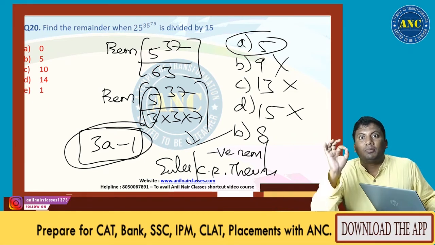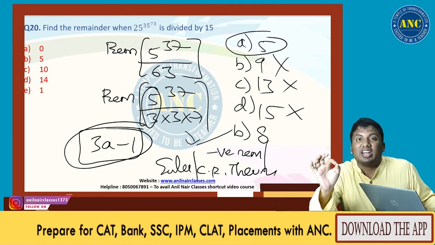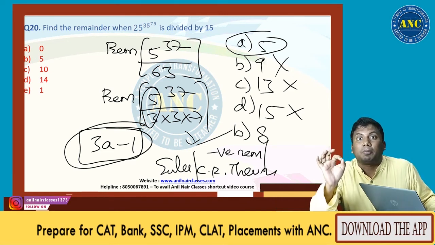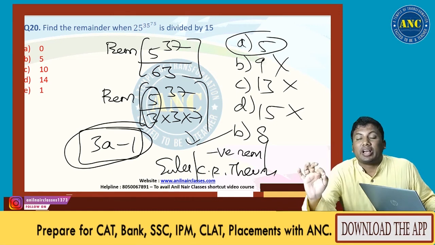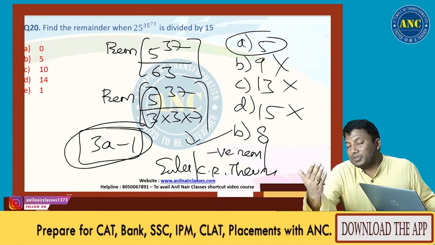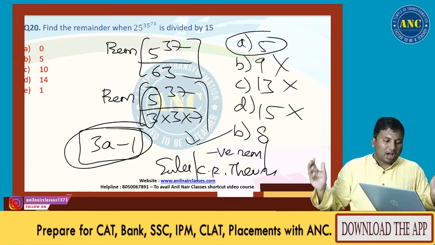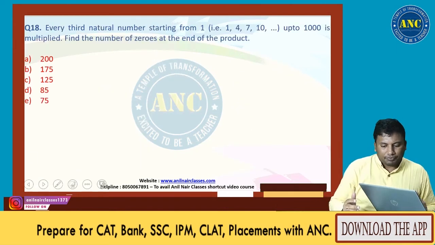What do you mean by an acid test? Write the denominator, if it is a composite number, as a product of factors and check if three options can be eliminated. If three options cannot be eliminated, go to negative remainder, Euler theorem or Chinese remainder theorem.